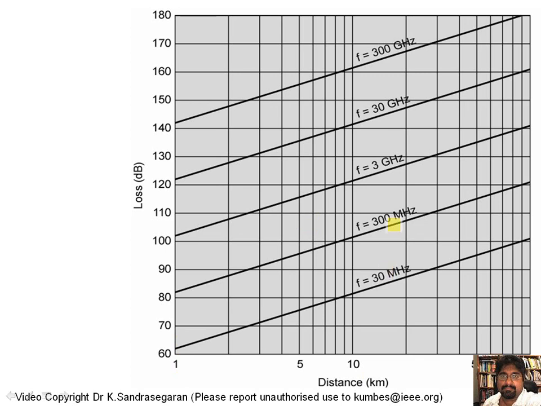If you look at the same distance, for example 10 kilometers from the base station, the path loss goes up considerably as you go into higher and higher frequency bands. Essentially, to overcome the effect of path loss at higher frequencies, we have to employ antennas with higher gains and other techniques to overcome the propagation loss.